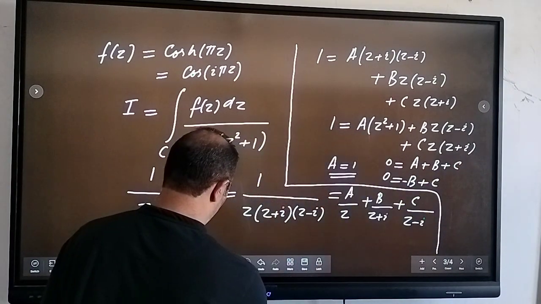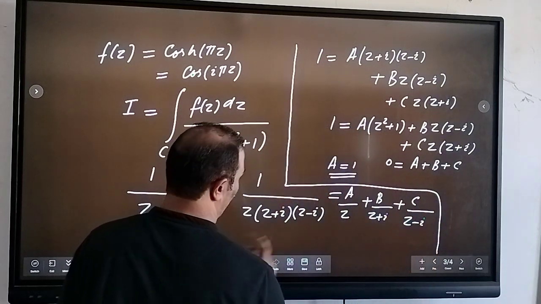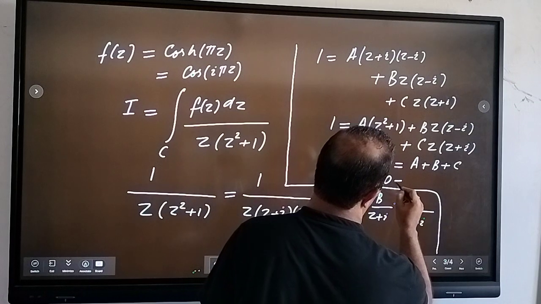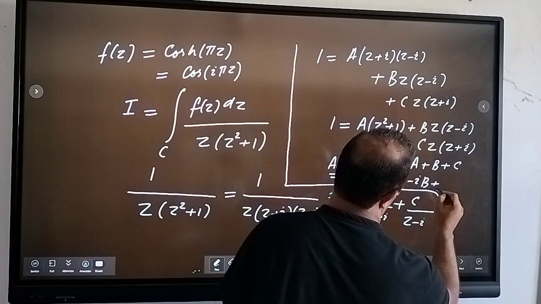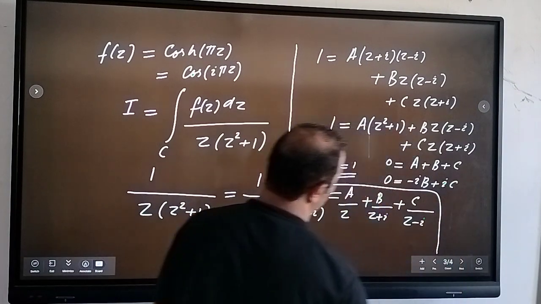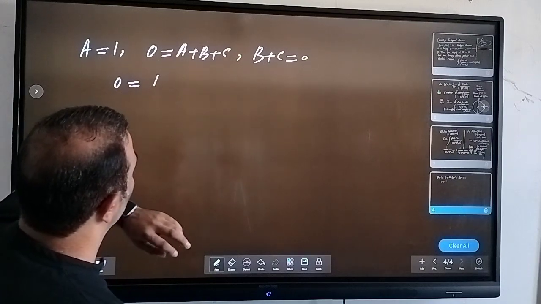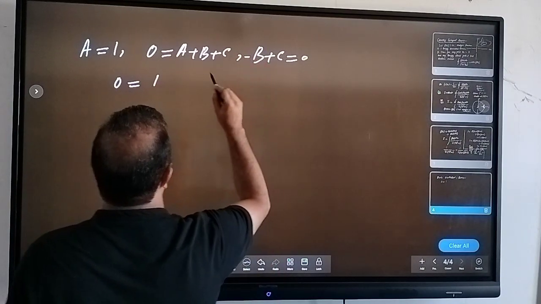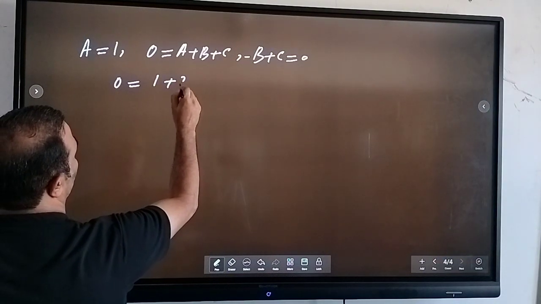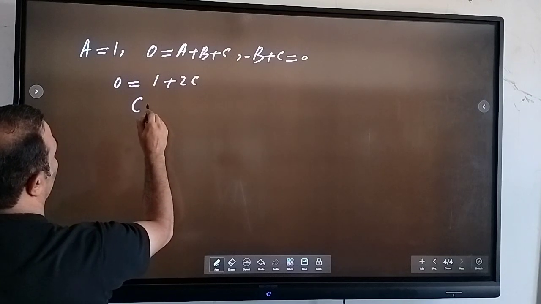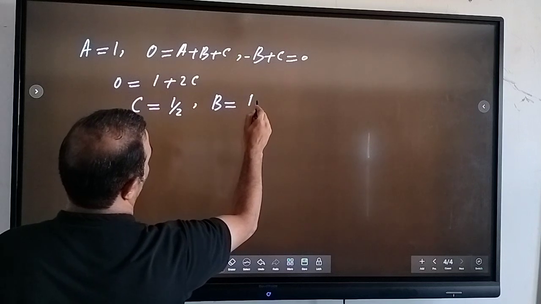I can write it this way. Just one more step: 0 will be equal to minus iota b plus iota c, or you can write this as b plus c equal to 0. So when b equals c, this is plus 2c, and c will be equal to 1 by 2, and b also comes out to be 1.